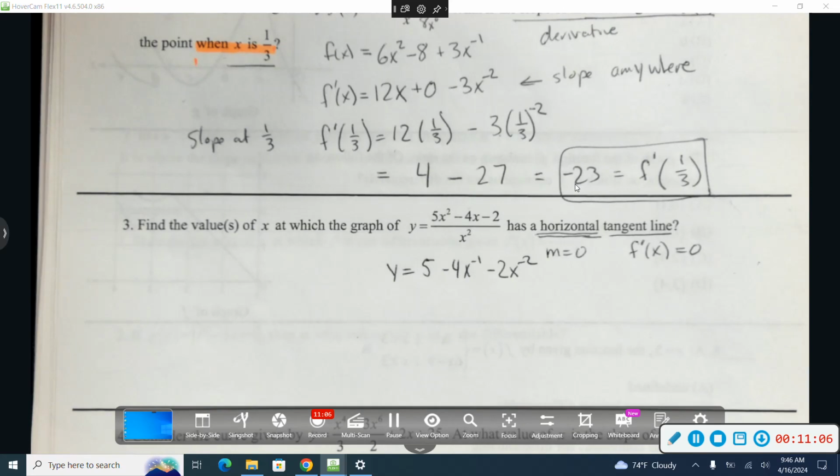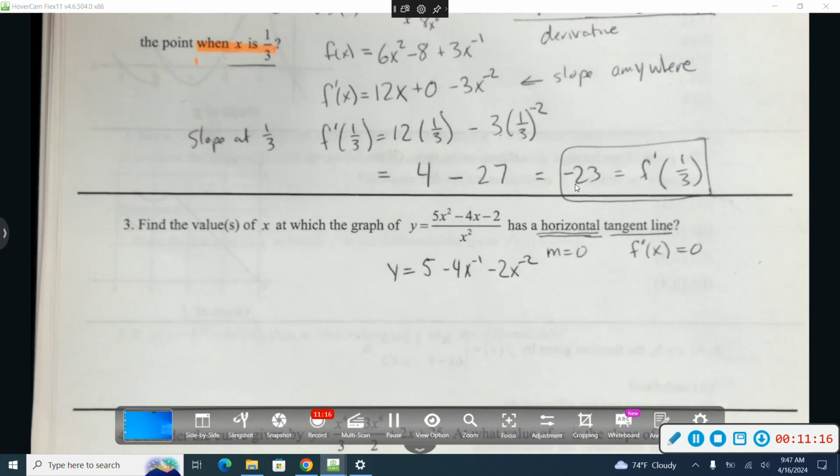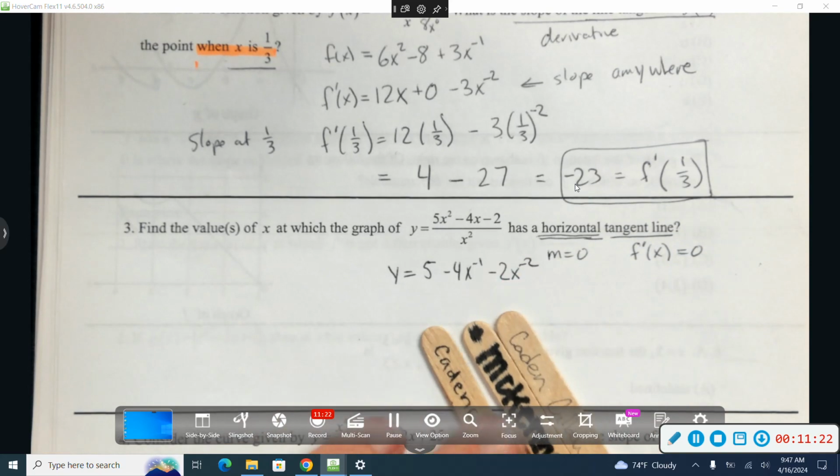and I can ask 3 people to help me with the power rule. Cadence, McKenna, Caden.